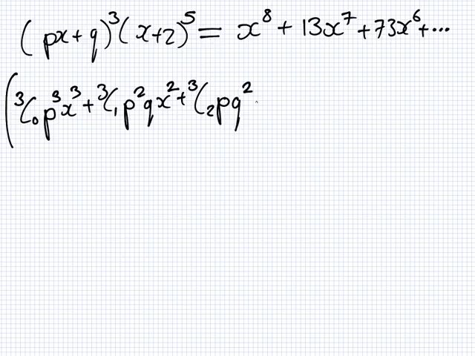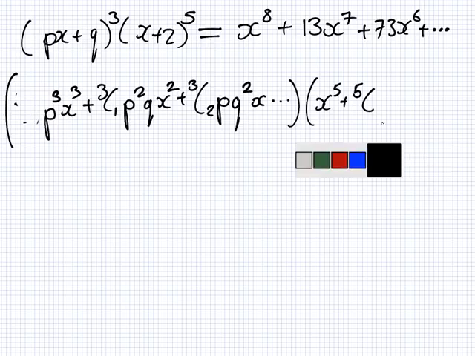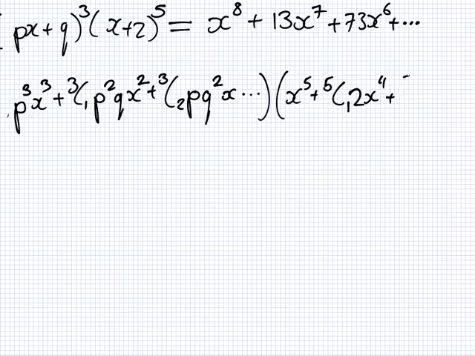And then this one here is X5 plus 5C0, why did I even write that in there? Because I know that's 1. Plus 5C1 times 2x4 plus 5C2 2 squared x cubed.